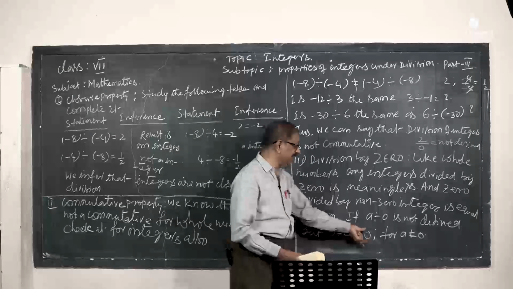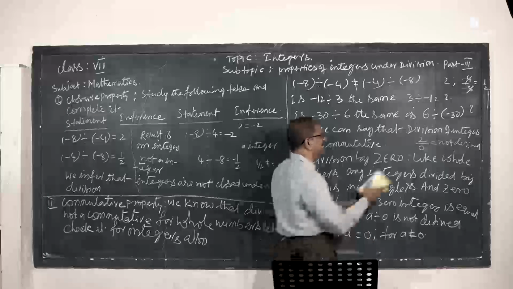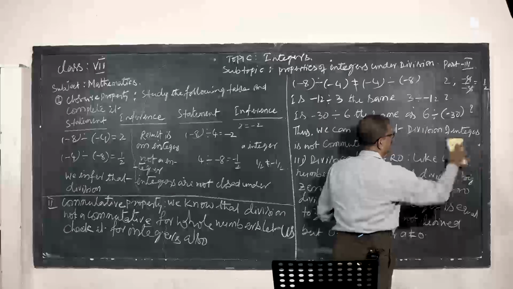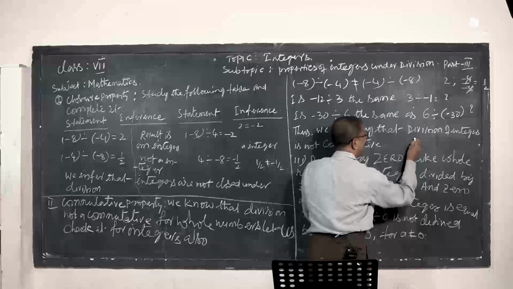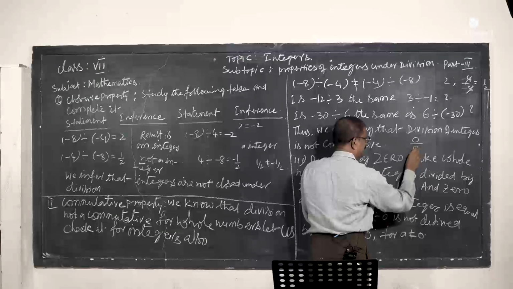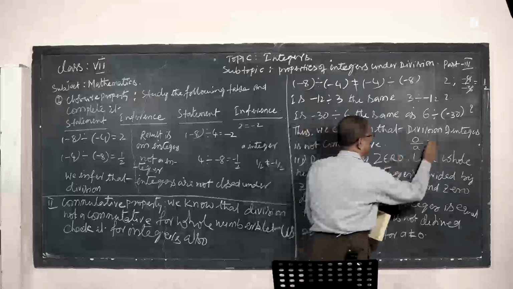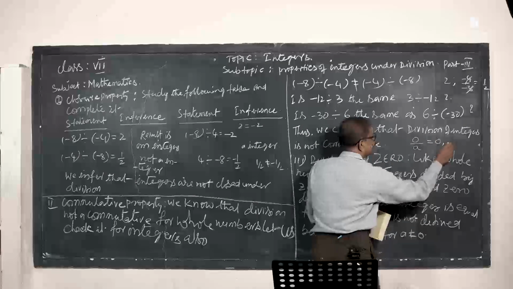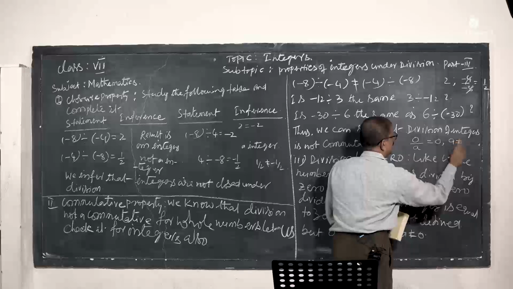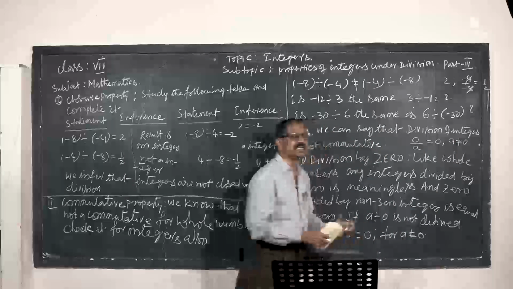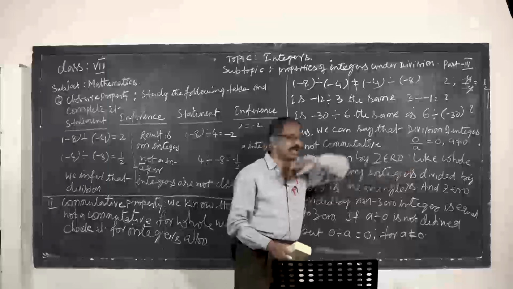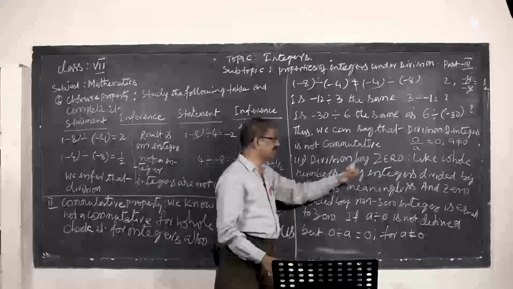Then there is a meaning, and we will get 0. 0 divided by any number becomes 0. So 0 divided by a, where a is any integer, becomes 0, since a is not equal to 0.